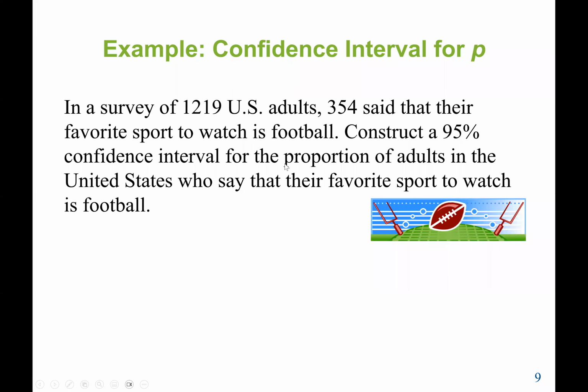Now, previously, we used this example to find the point estimate. In terms of point estimate, they didn't give us the confidence level. So in order to find a confidence interval, they're going to give us the percentage. So here we say construct a 95% confidence interval. This means the alpha value will be 5%.